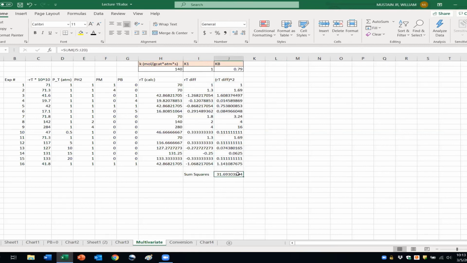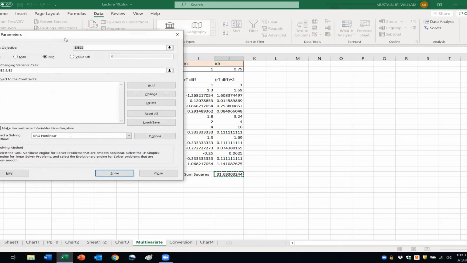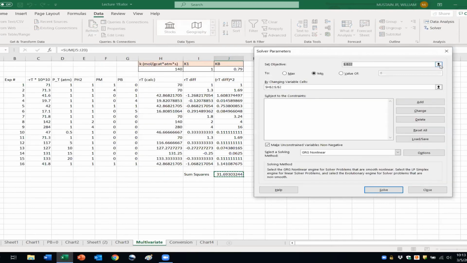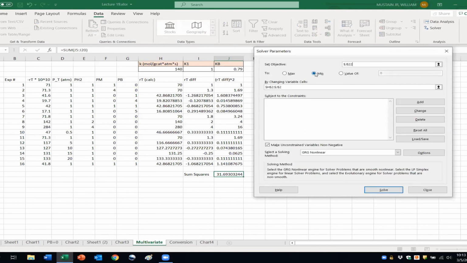To find the value here, we just have to minimize the sum of squares. I'm going to do that using the Solver function in Excel. Our target cell is the sum of squares, so we're going to take J22 and minimize that value.